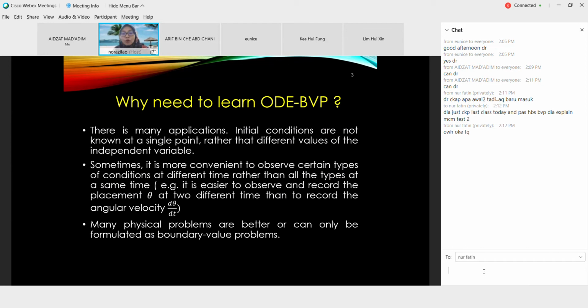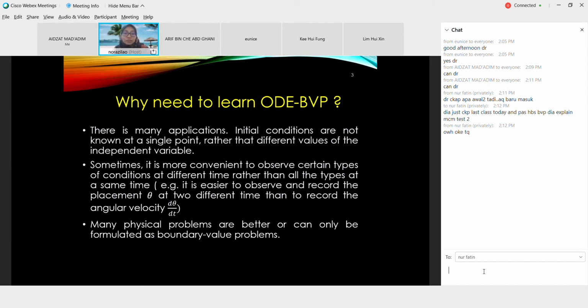When the problem wants you to know the specific condition at different times, at a specific location or length, we need to use a boundary value problem, because it is easier to observe and record specific conditions, including displacement, length and angle, at two different times than to record the other dependent values.